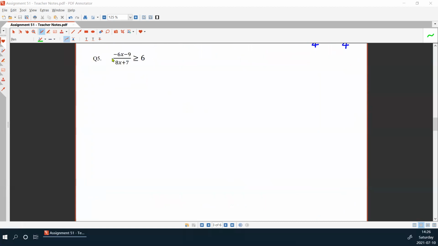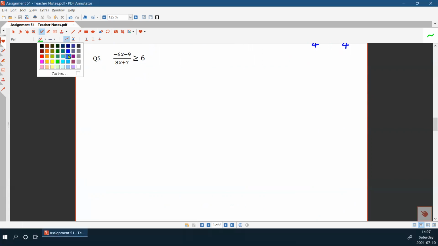Okay, next one. This time the inequality is not strictly greater than or strictly less than, but this time we have an equality symbol here, right? So the difference is when we consider a question like this, it is equivalent to actually 3 branches, right?